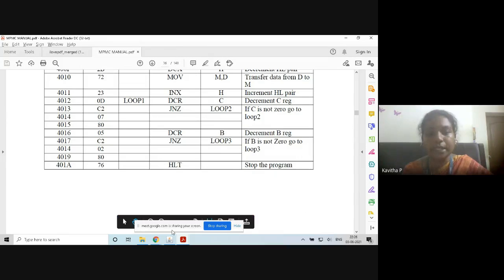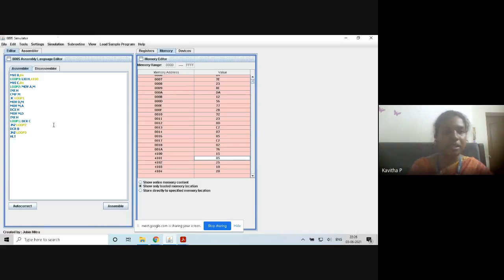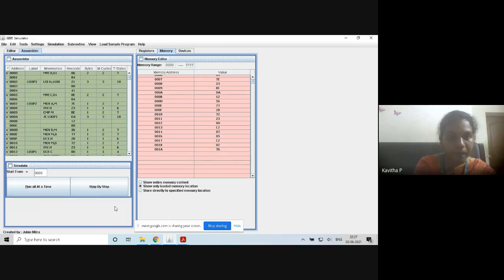On simulating this coding in the 8085 HSIM simulator, I have typed the coding in the editor page, and then we have to click on assemble. Once we click on assemble, it will show if there are any errors in the program.